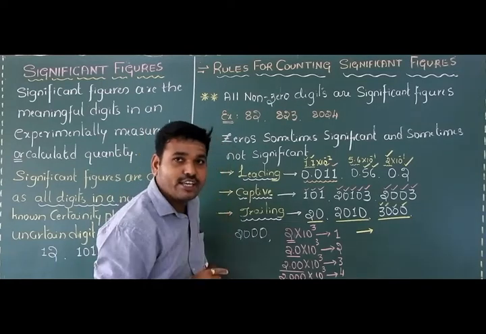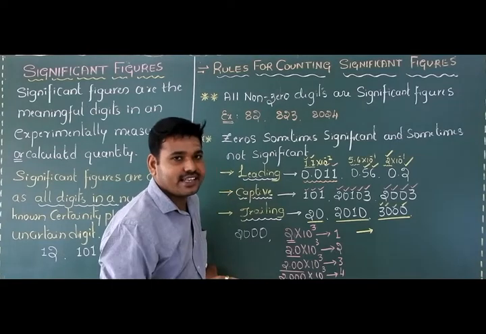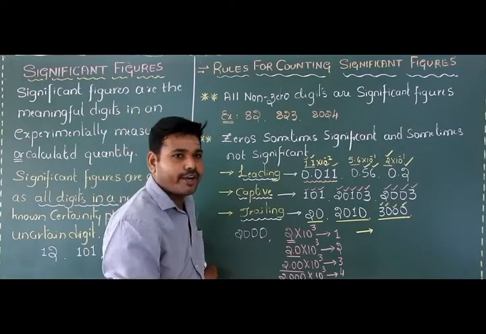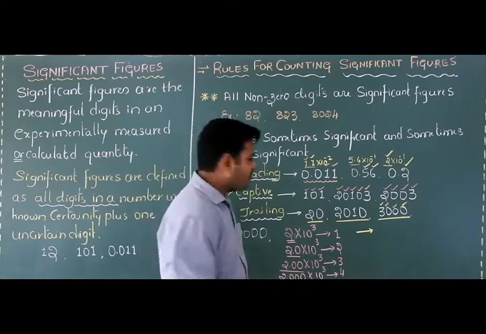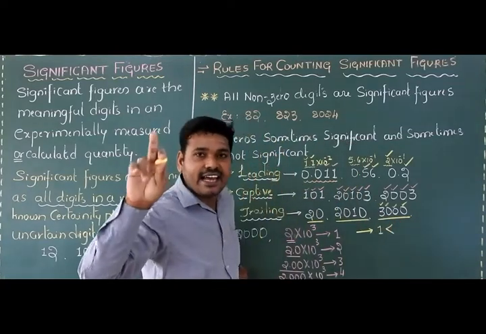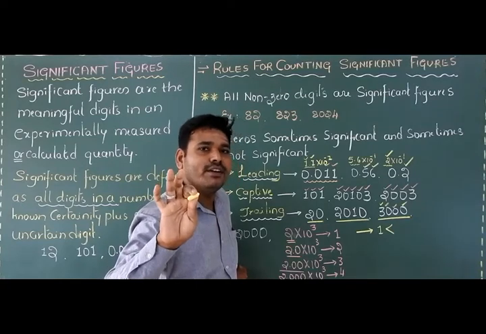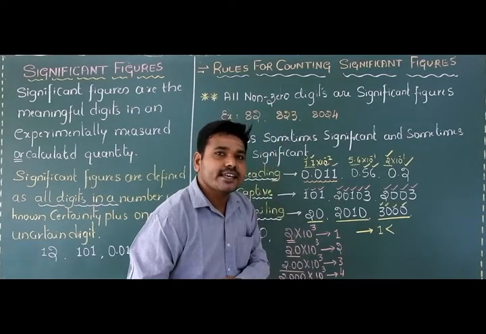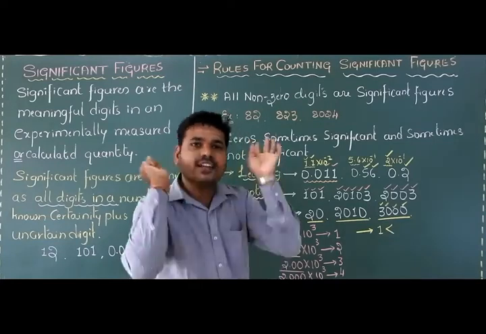The first condition under trailing zeros: if the number is greater than 1, in such cases all the zeros written to the right of the decimal point are counted as a significant figure.